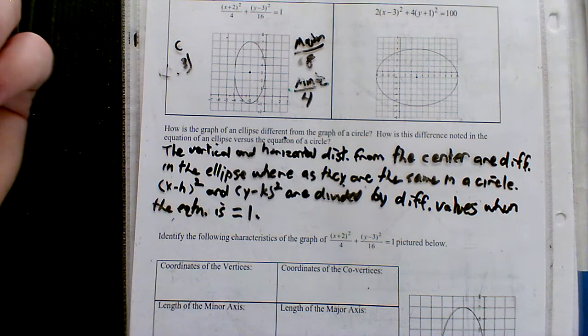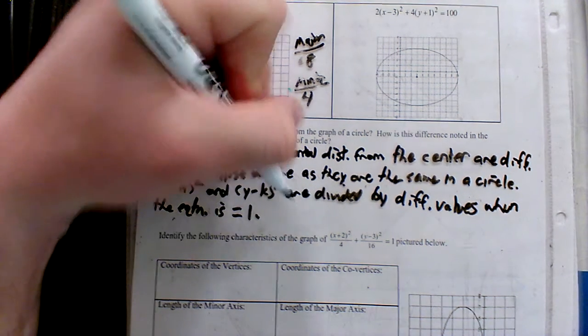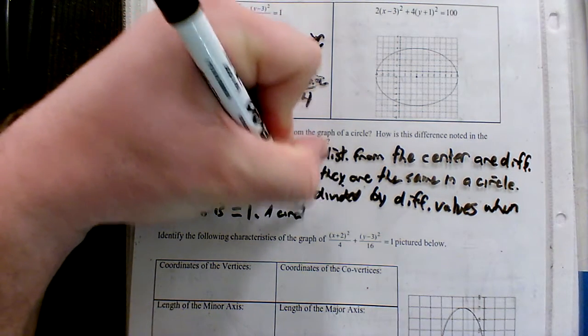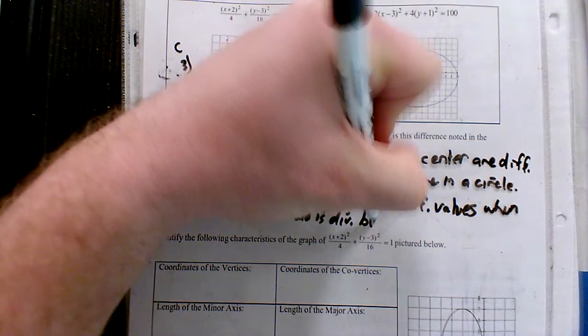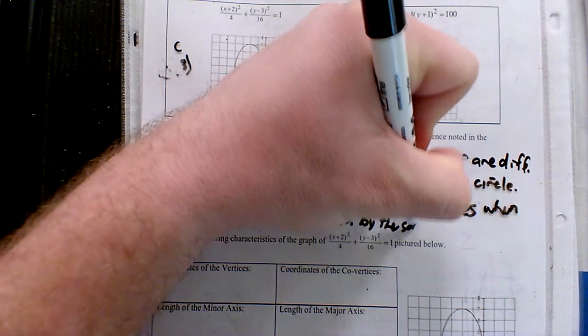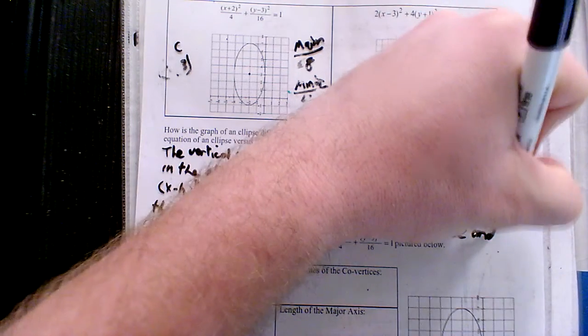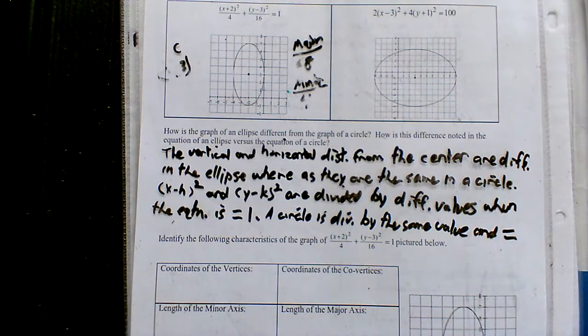Well, in a circle, they're both divided by the same thing. No matter if it's 1 or another value, they would be divided by the same thing. So a circle is divided by the same value and equal to what? So a circle is divided by the same value and it's equal to what?